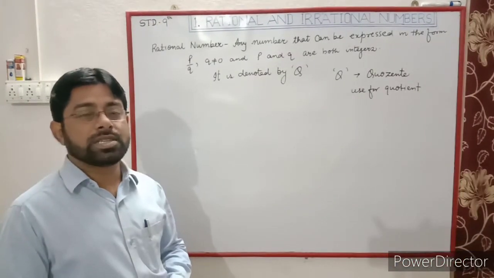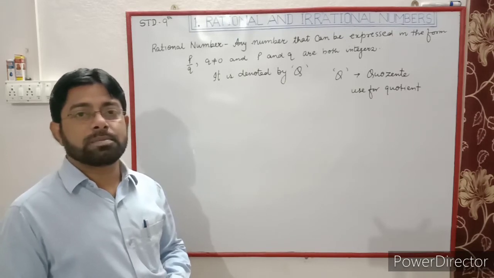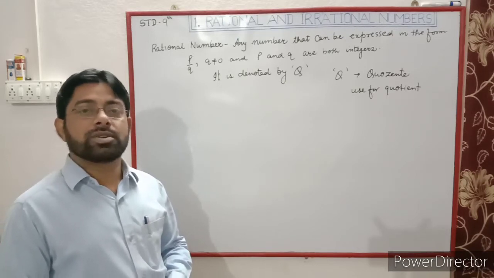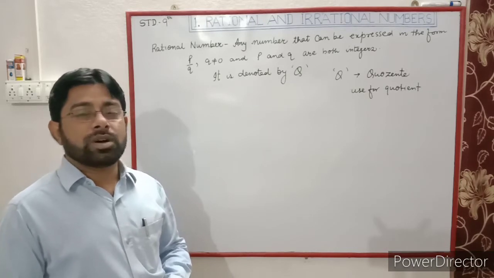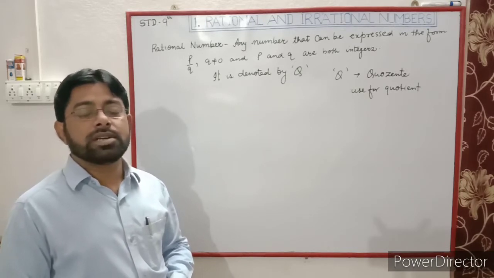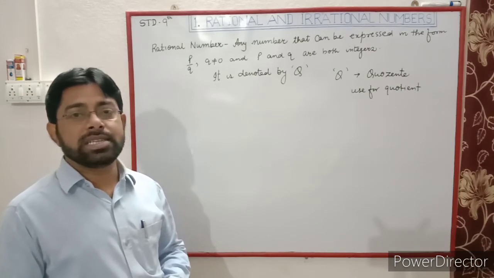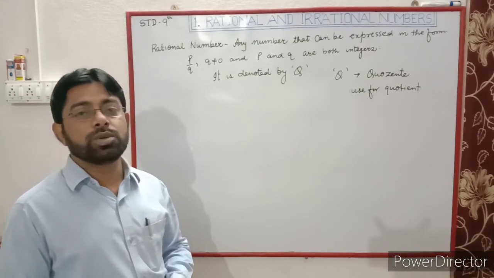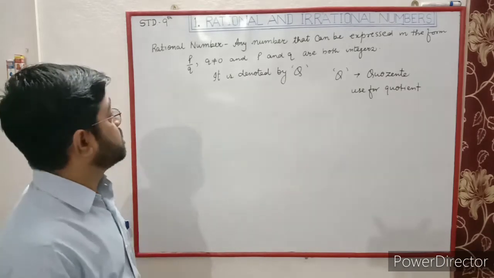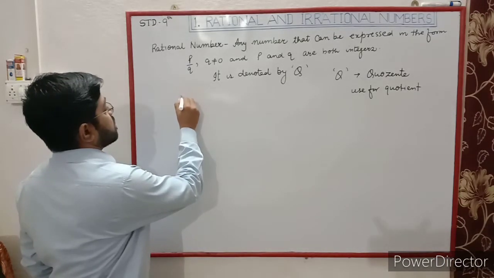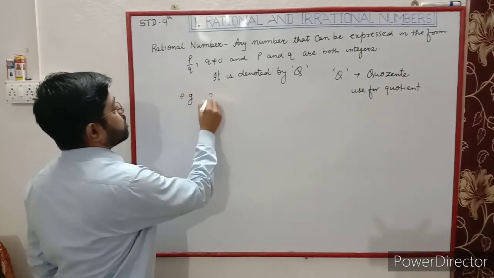Now we are going to discuss rational and irrational numbers from chapter number 1. So first, rational. The word rational comes from the word ratio. That is, every rational number can be written as the ratio of two integers. Let's see, 2 by 3.